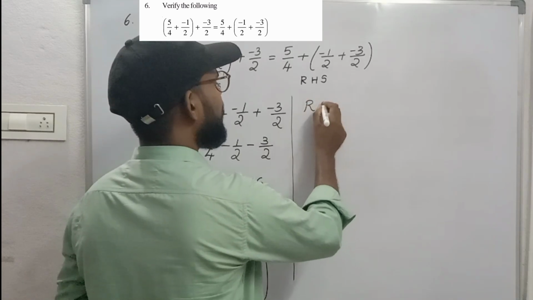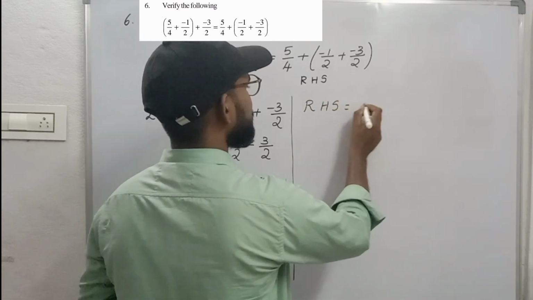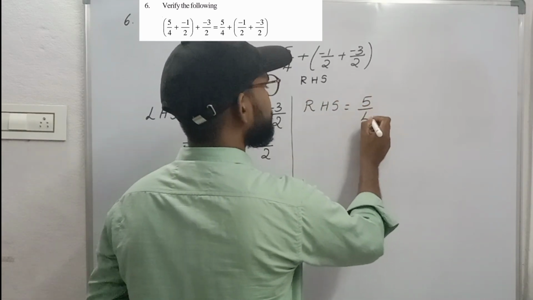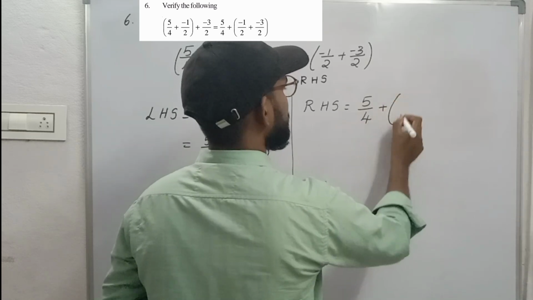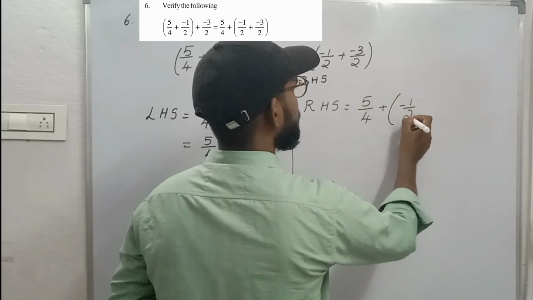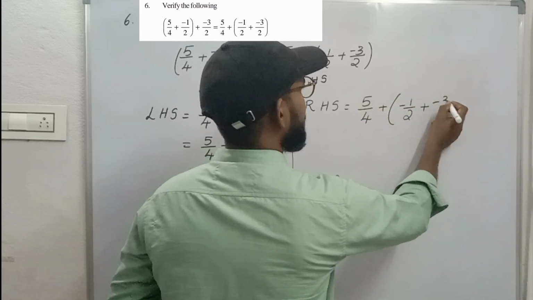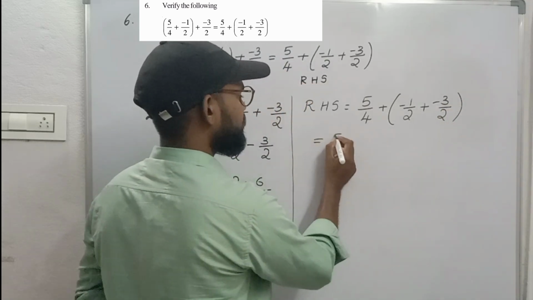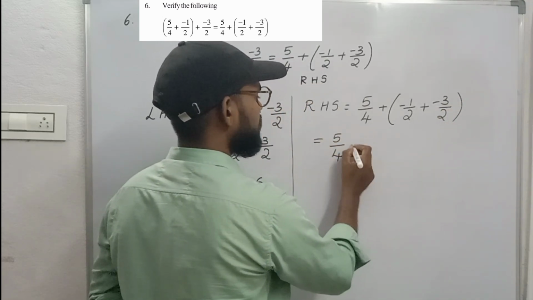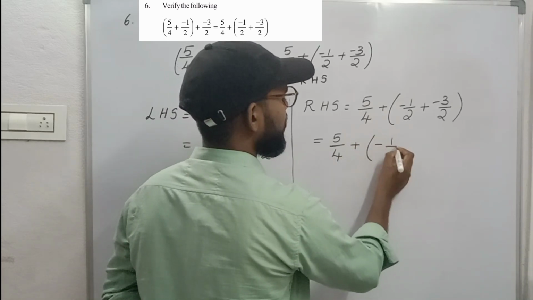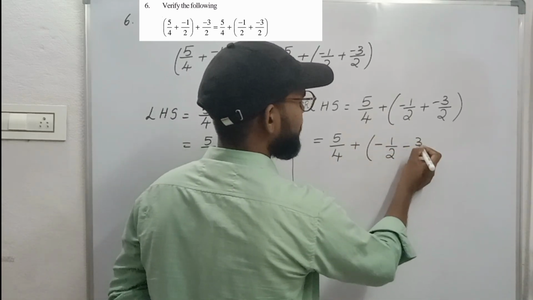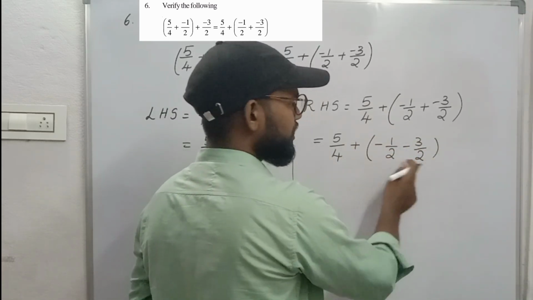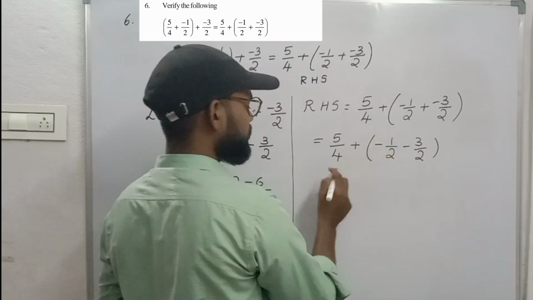See now, RHS is 5 by 4 plus minus 1 by 2 plus minus 3 by 2. Now solve this. 5 by 4 plus minus 1 by 2 minus 3 by 2. Your denominators are same, so these are like fractions, right?